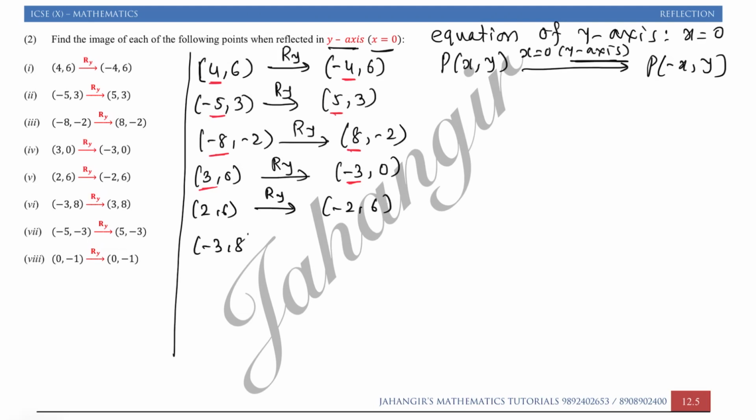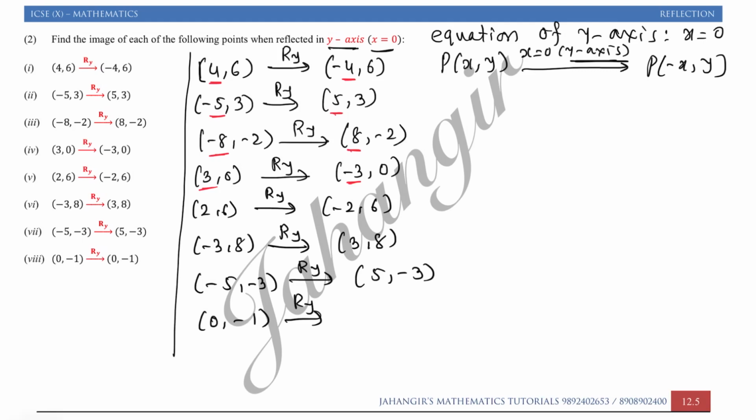(Minus 3, 8) gives (3, 8). (Minus 5, minus 3) gives (5, minus 3). And then (0, minus 1) on reflection in the y-axis gives (0, minus 1).